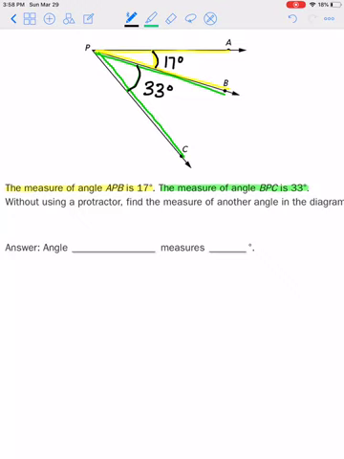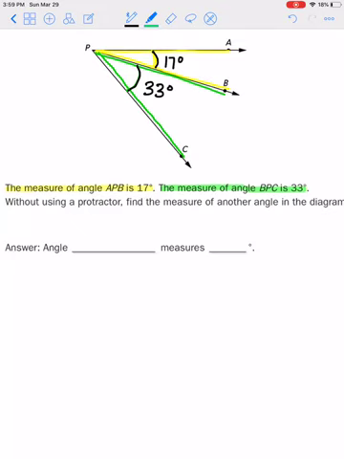So it really does help to color code if you're getting confused, and you need to look at the order in which the letters go. Because that letter in the middle is going to be where the vertex is. So make sure that you are looking at how they write the name of the angle.